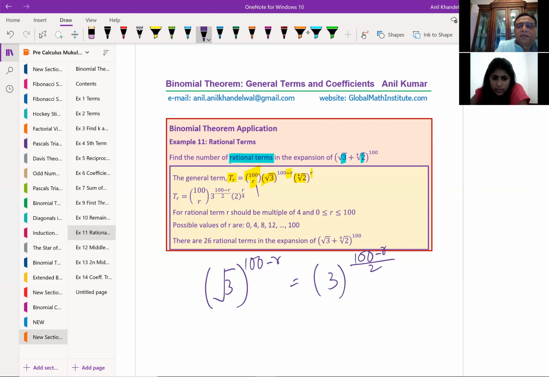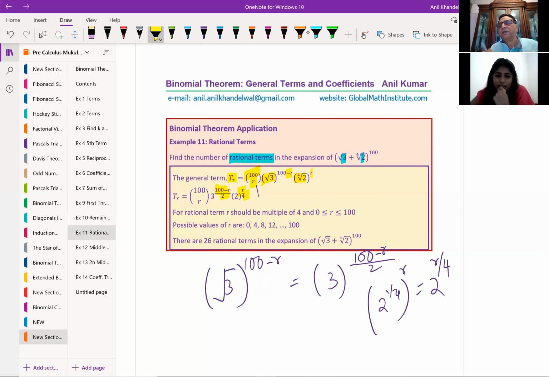Because that square root is the power of half. Similarly, fourth root 2 to the power of 1 over 4 times R will be 2 to the power of R over 4. Is that clear? So that is what I have written in the next statement. So I just translated the radical sign as exponents and wrote this as this.